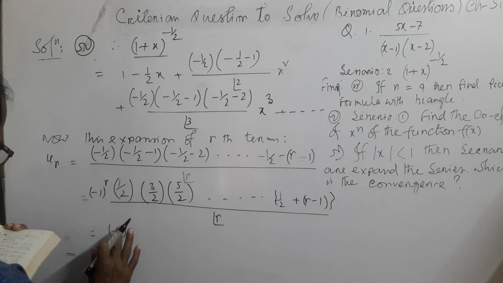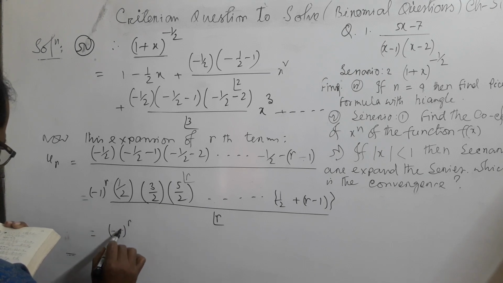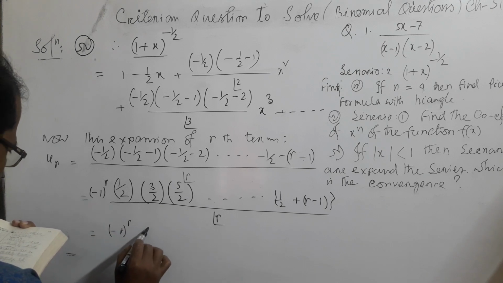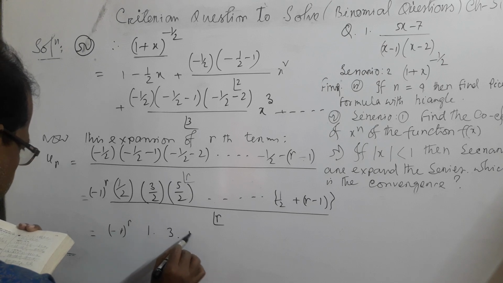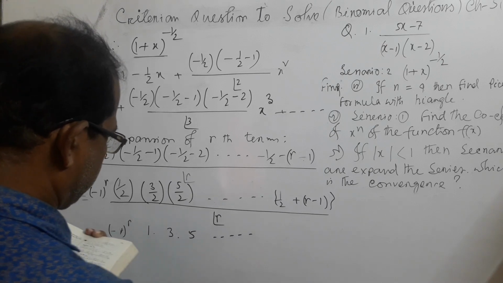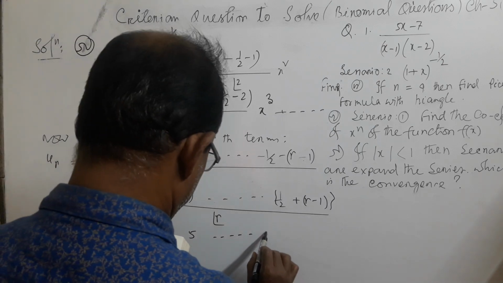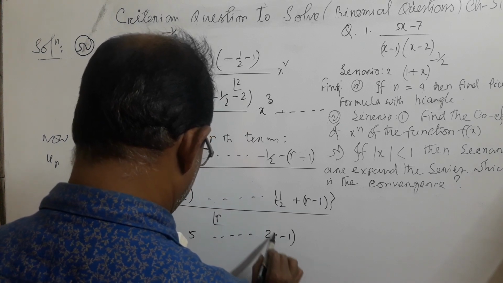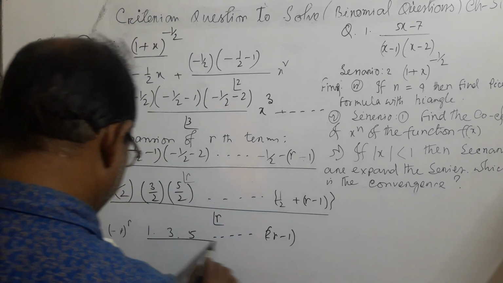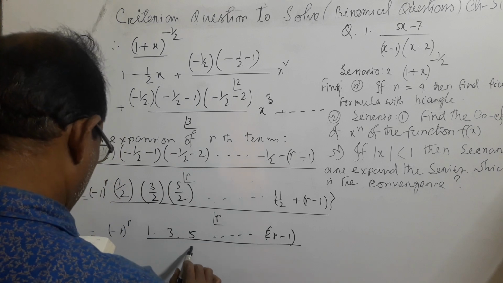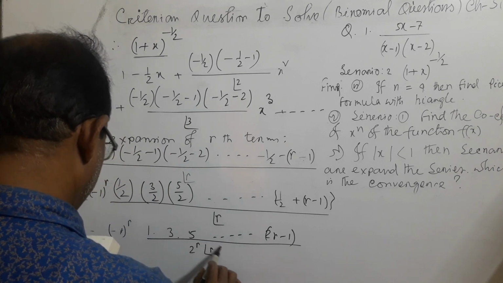Minus 1 to the power r, and 1, 3, 5, up to 2r minus 1 by 2 to the power r factorial r.